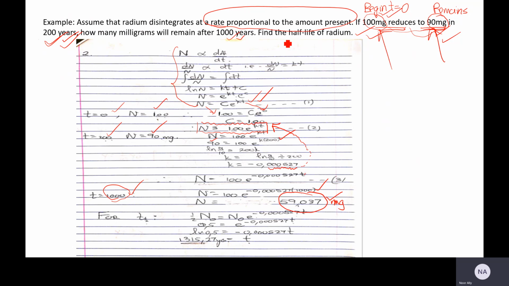Let's go to the next part of the question. Find the half-life of radium. Well, very simply, for t half, we know that our equation, so this is the equation that I'm going to work with. Over here, we know that half of N0, half of the original, is equal to N0 e to the negative 0.000527 t.